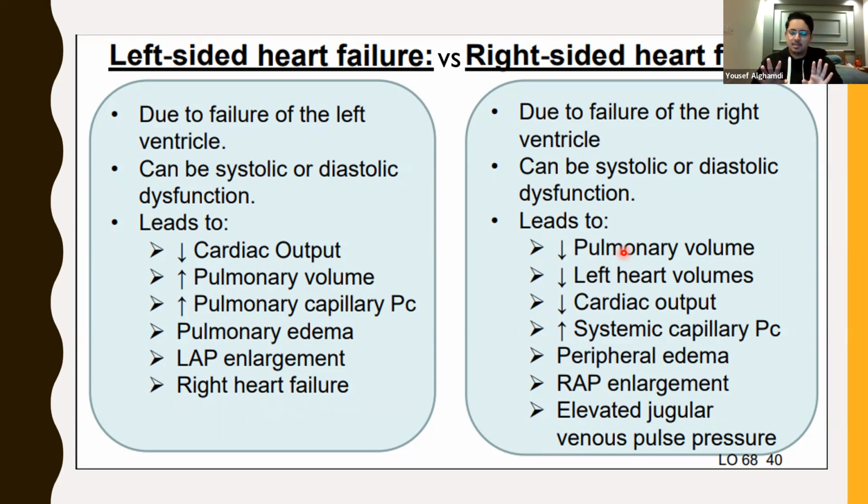I hope that makes sense. Basically the reservoir of the blood for the left heart isn't being supplied by blood, so you'll have a decrease in left heart volume. Obviously you'll have a decrease in cardiac output again. You will have systemic capillary pressure increase, not pulmonary, systemic for the right side, and peripheral edema, like I said before.